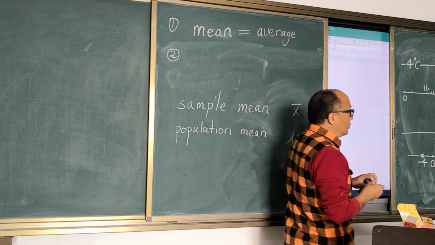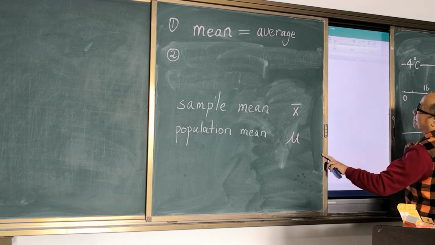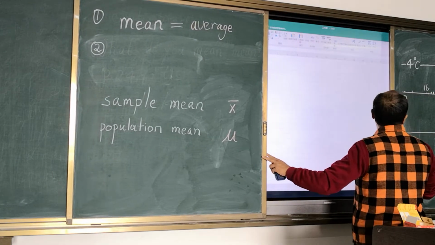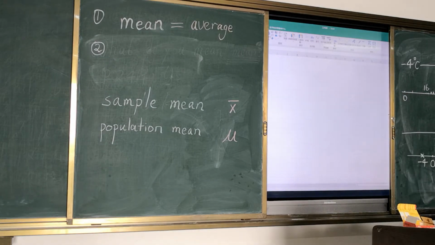The way we do it is, for every number, we calculate its distance to the mean. For example, let's say here is a 36.